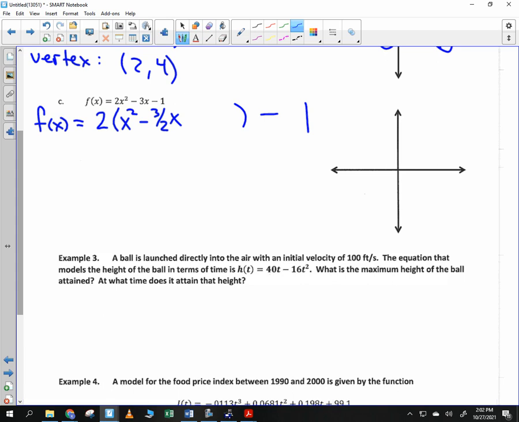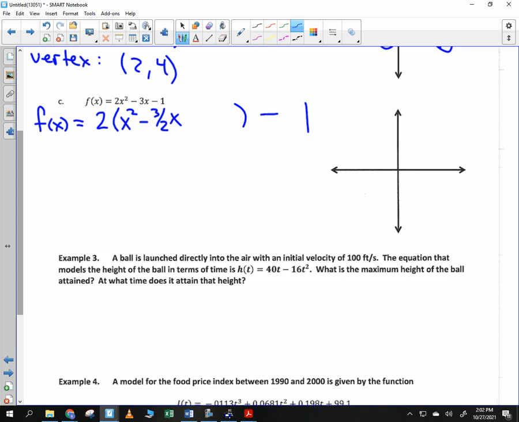So here's what you do when you feel like you're making stuff up. You take that 2 and you distribute it back through. What's 2 times x squared? Well, that's what I have. What's 2 times 3 halves? Yeah, it's the negative 3. That's what I have, right? And then I have a minus 1.